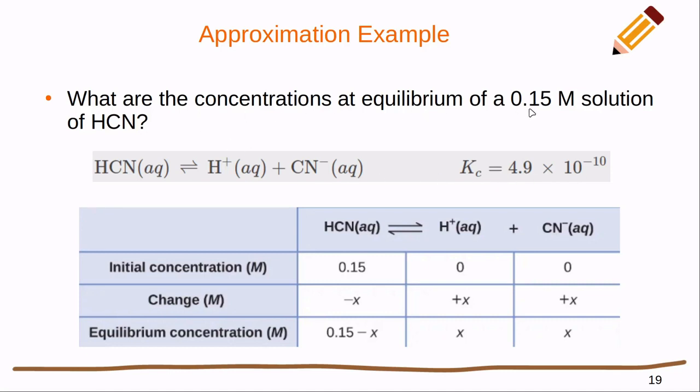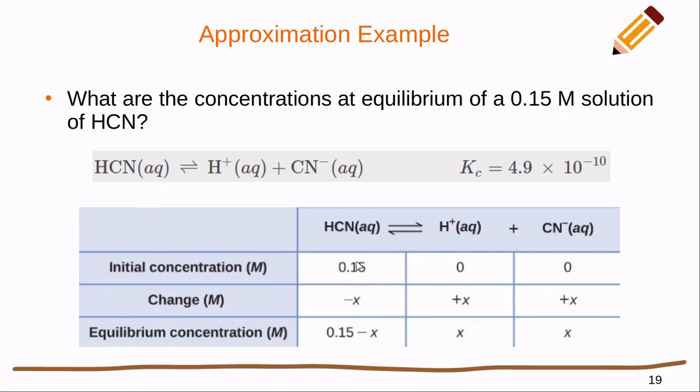From the language here, we're going to assume that the initial concentration of our protons and our cyanide anions are 0, okay? We can see that Kc is 10 to the negative 10, meaning it's small, and that would key us in that we can make an approximation here, okay? So for our initial concentrations, we're going to have the value of HCN here. That is our reactant, okay?